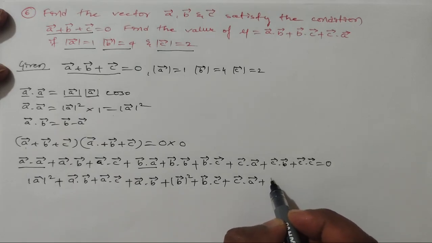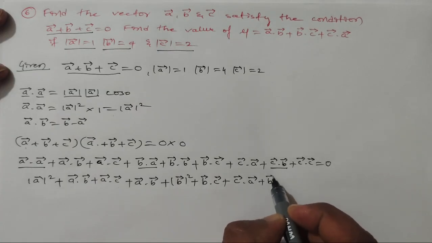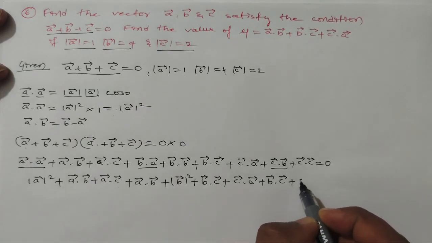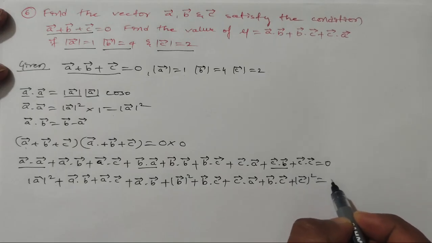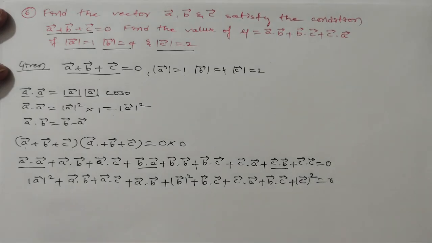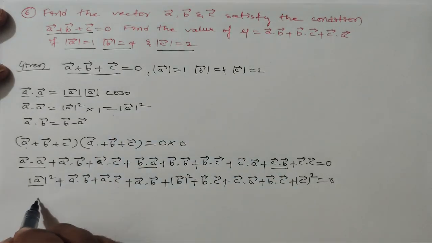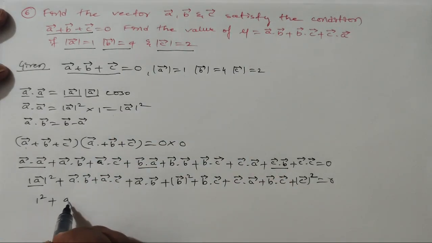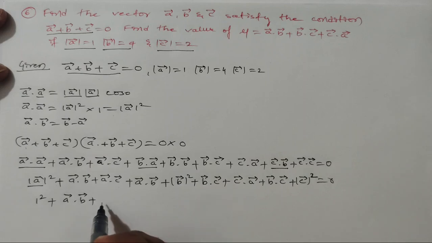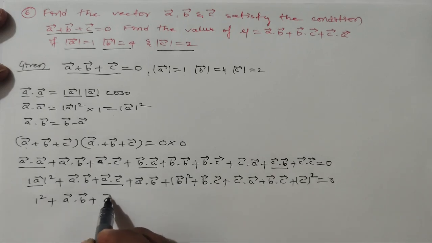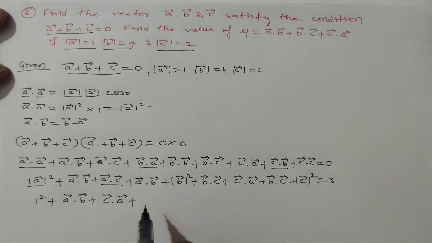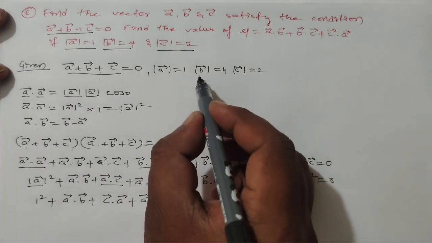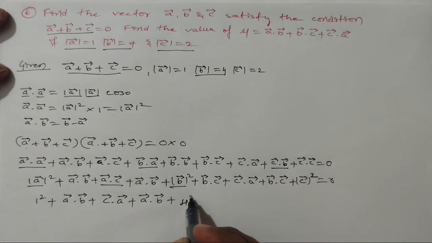Can I write c vector dot b vector is equal to, it is commutative, b vector dot c vector. What is c dot c? Magnitude of c square is equal to 0. Okay, see. So what is the magnitude of a? Magnitude of a is 1. Can I write 1 square plus a vector dot b vector plus a vector dot c vector is equal to c vector dot a vector plus a vector dot b vector plus magnitude of b is 4. Magnitude of b square becomes what? 4 square.